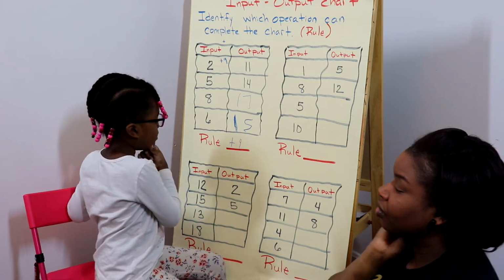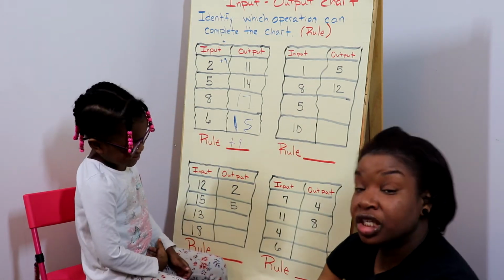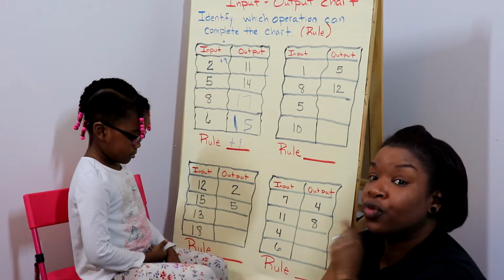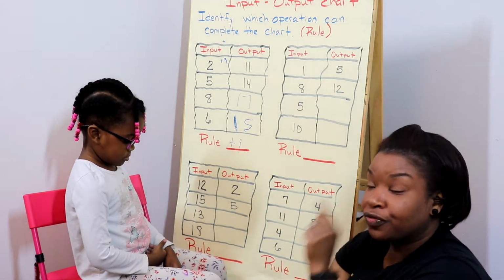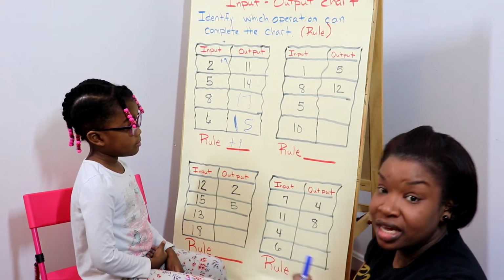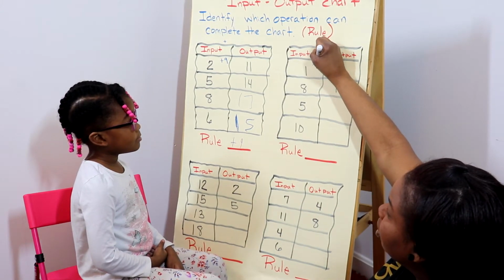Okay, 1 plus 4 equals 5. So now she's telling us that she thinks the rule is plus 4. But remember, plus 4 must work for every single number that is here. So we're going to see if she is correct. So I'm going to put plus 4 here.